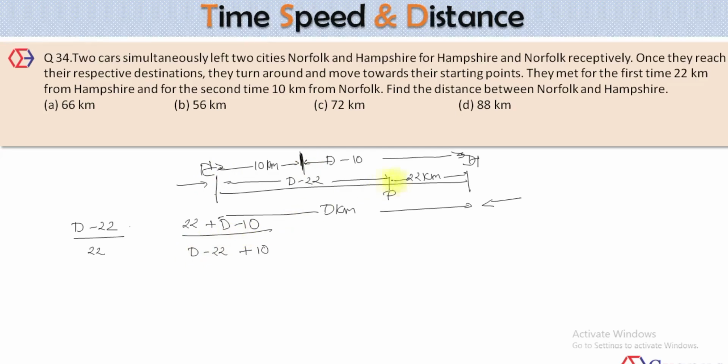Yes or no? They met at the first point, this one. This is the second meeting point. So the ratio of the distances traveled must be equal to the ratio of speeds. This is the ratio of speeds in the first case, this is the ratio of the speeds in the second case. But this ratio will remain constant.